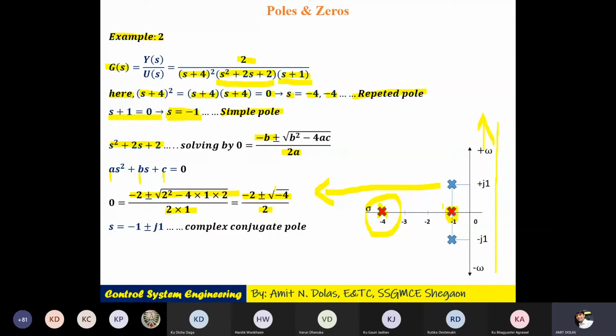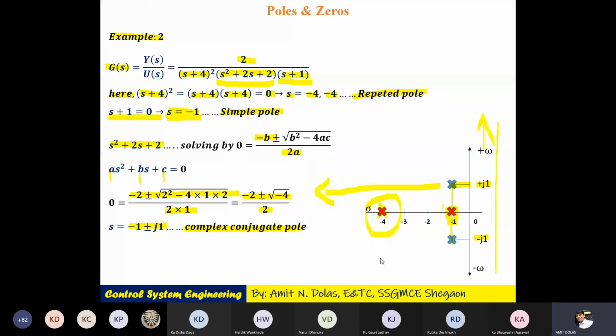Dividing everything by 2, s is equal to -1 plus minus j1. So this can be plotted like this: plus j1 here on the imaginary axis, minus j1 here on the imaginary axis, and the coordinate will be -1. This type of pole is called a complex conjugate pole.